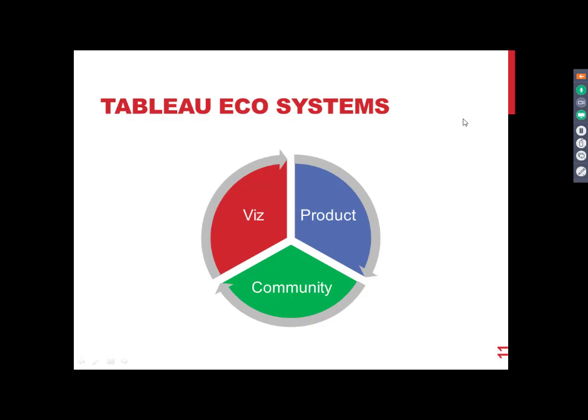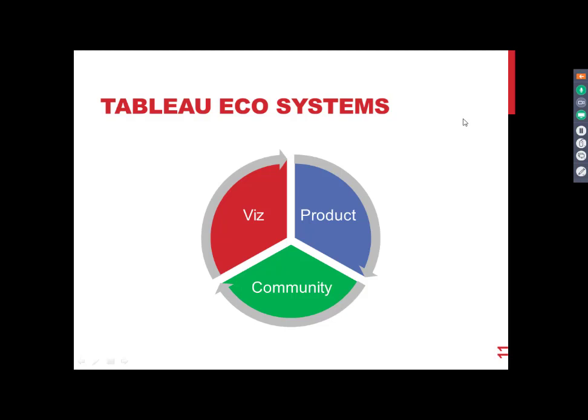This is just what I understand about Tableau, which I found very interesting and kind of different from our usual view of a product. It's more than a product. It is actually an ecosystem. In this ecosystem, we have a product, which is the software product, and Viz.